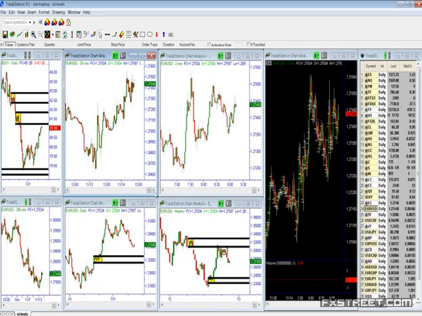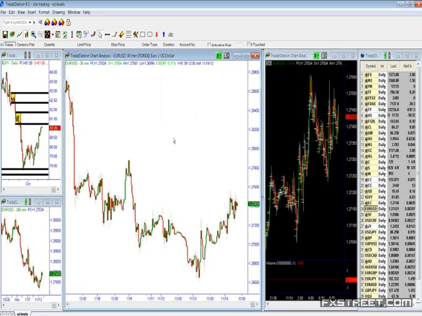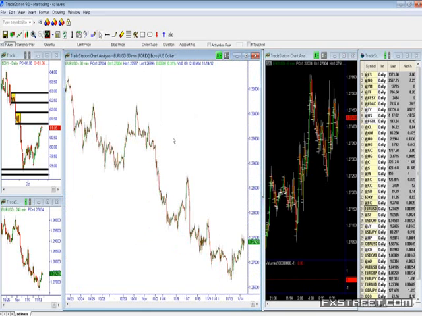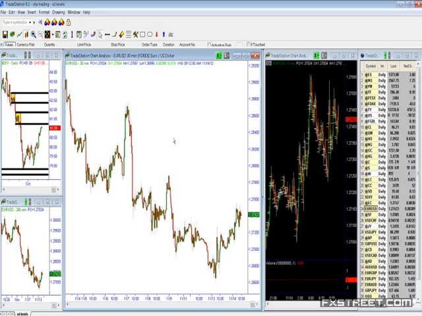All right, the chart I do want to draw your eye to, though, is this 30-minute chart here. Let me blow this up a little bit. There's really not a lot of fresh supply. The level I was going to point your eye to is going to look far away on this time frame, but it's really not that far. I'm going to point your eye to this area here.